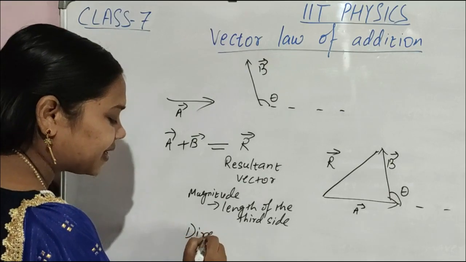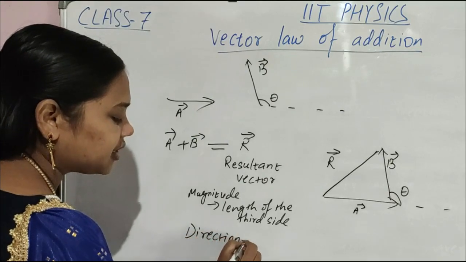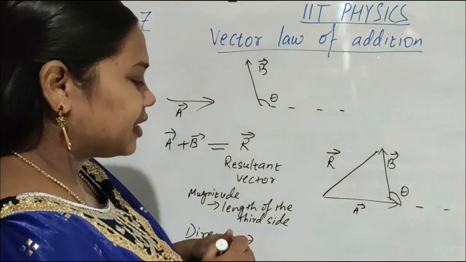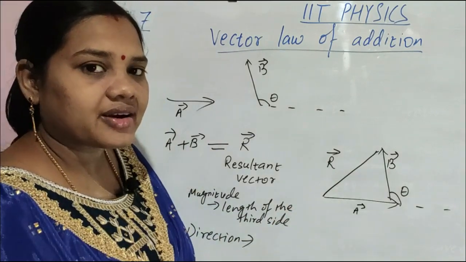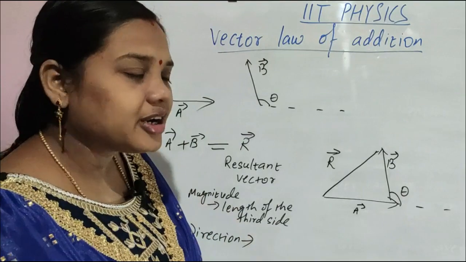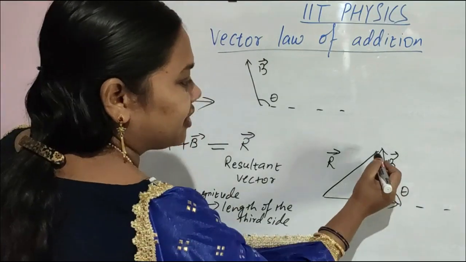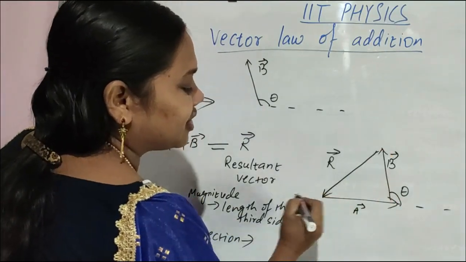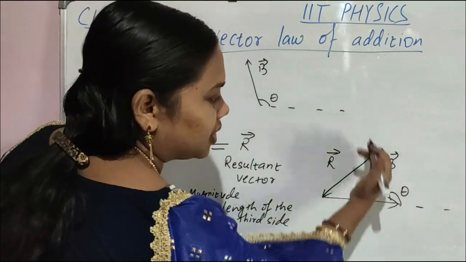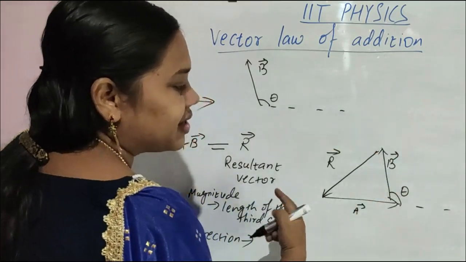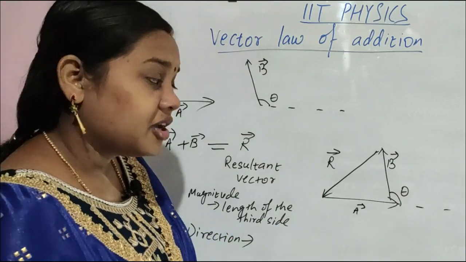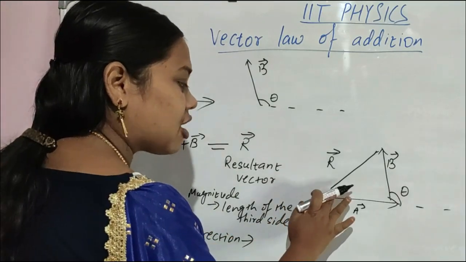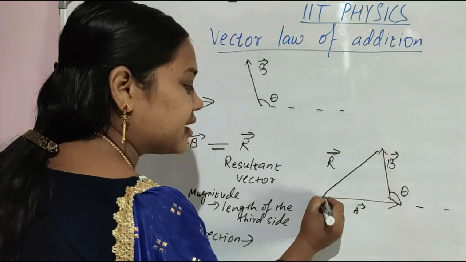What is its direction? See, here the two vectors are in the same order, but the resultant vector should be in a different order. If you give the resultant vector a direction like this, A like this, B like this, and resultant like this, then the resultant vector also will come in the same order. But the resultant vector should not be in the same order.